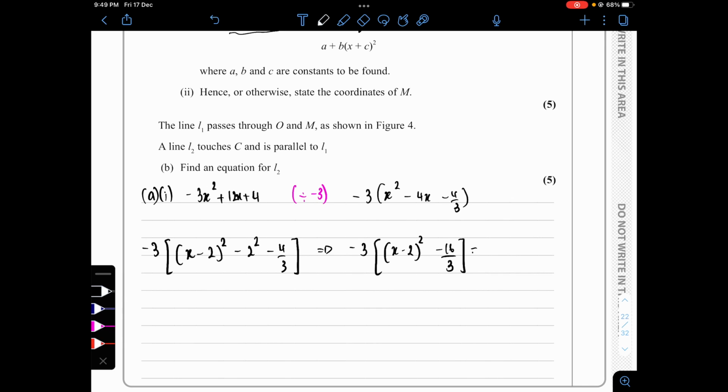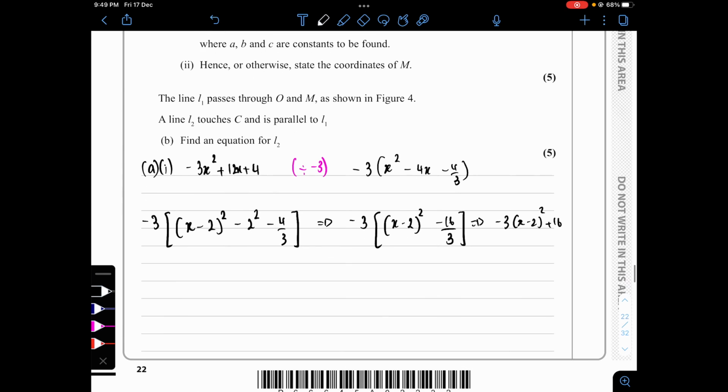And then when you multiply everything by minus 3, that will be minus 3 times x minus 2 whole squared plus 16. The form they wanted is a minus b(x plus c) squared, so the final answer is 16 minus 3(x minus 2) whole squared.